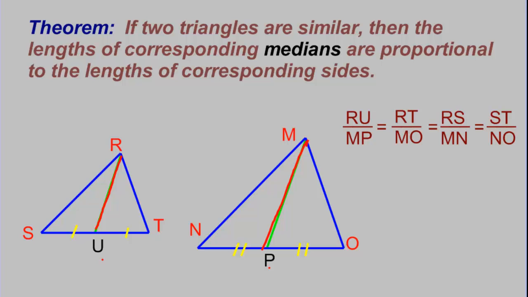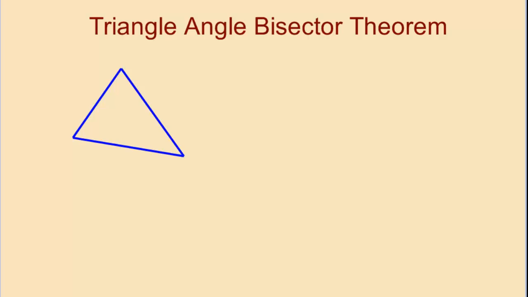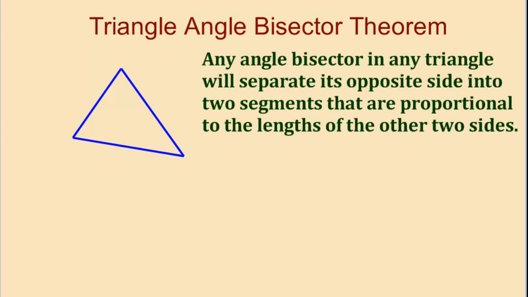All right, moving on from that. We have a triangle angle bisector theorem, which states any angle bisector in any triangle will separate its opposite side into two segments that are proportional to the lengths of the other two sides.